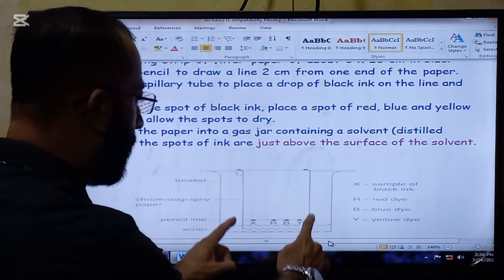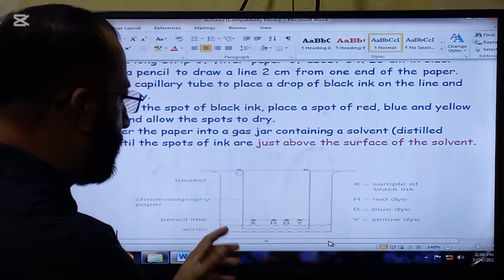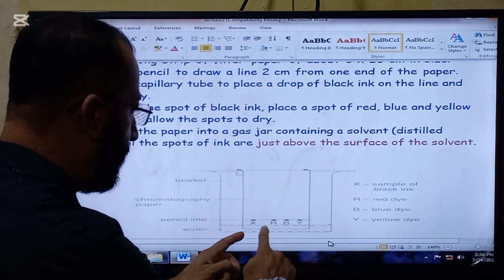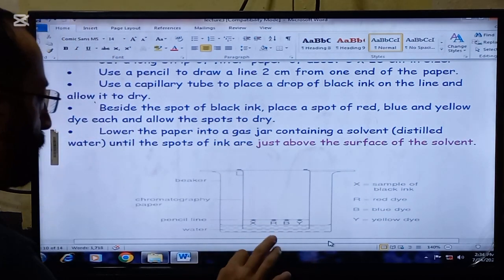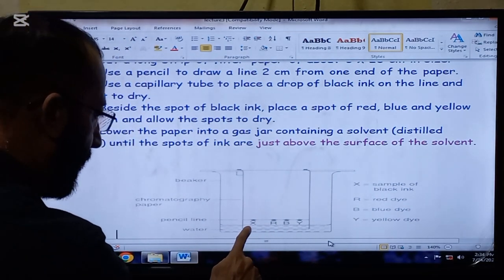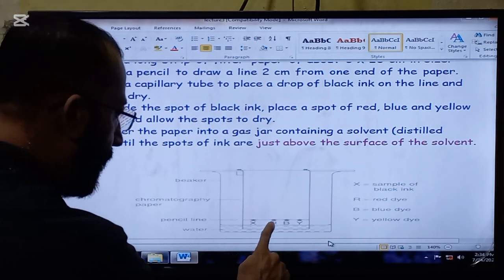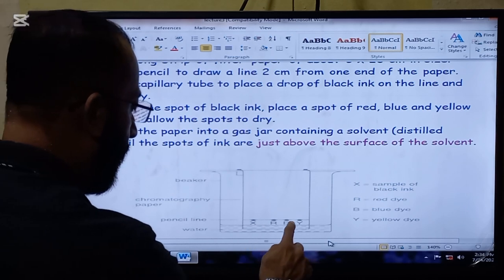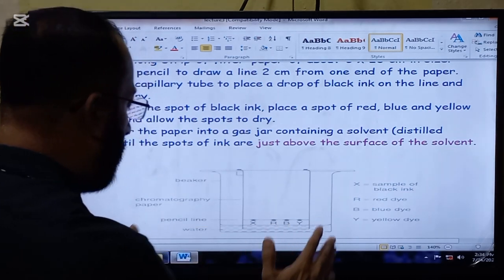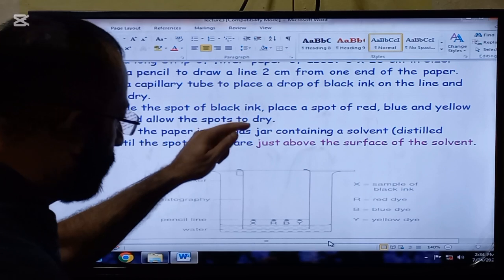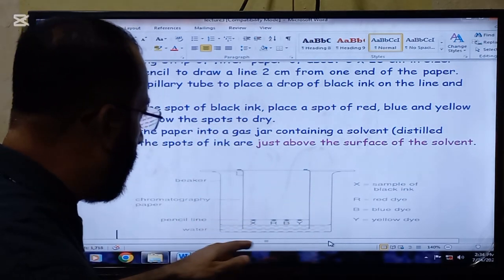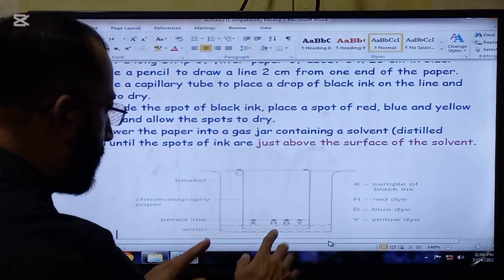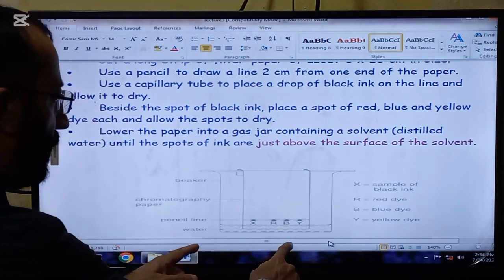You will take a paper 6 by 20, and you will draw a line 2 centimeter from one end with the help of the pencil, and then you will put a spot of the black ink, that is X, on the line, and 1 spot each of red, blue, and yellow dye, and allow these spots to dry, and lower the paper into the jar containing the distilled water in such a way that the spots are just above the surface of the water.